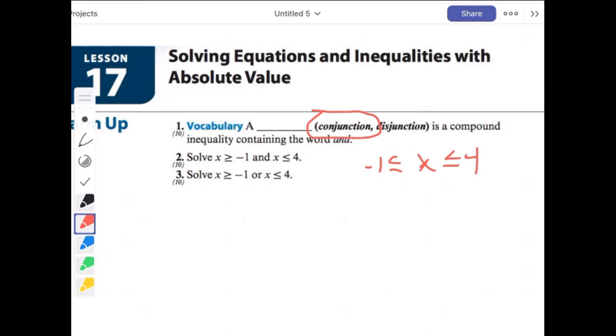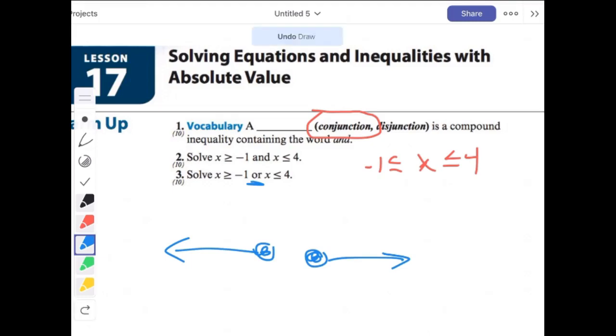Now the second one, they give us the exact same values. However, they give us this "or." In an "or" situation, we normally have things that are going opposite ways. Let me actually put out a number line here.